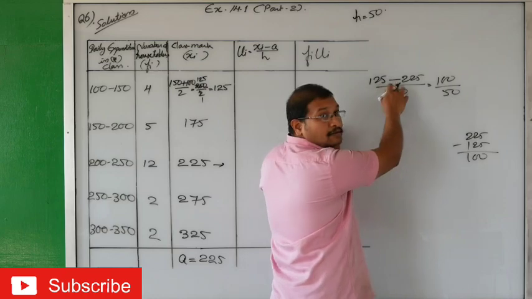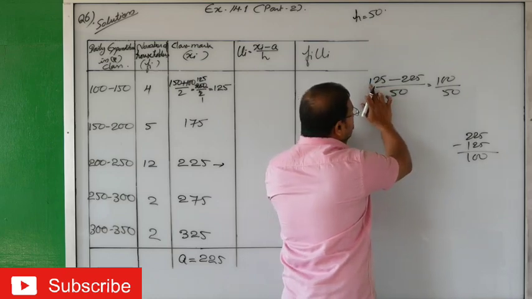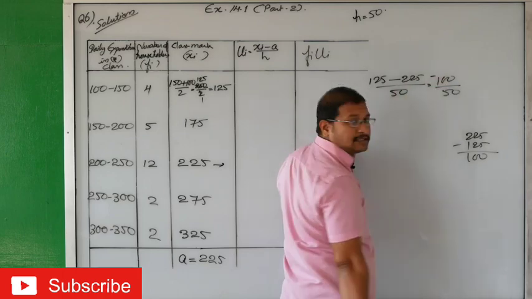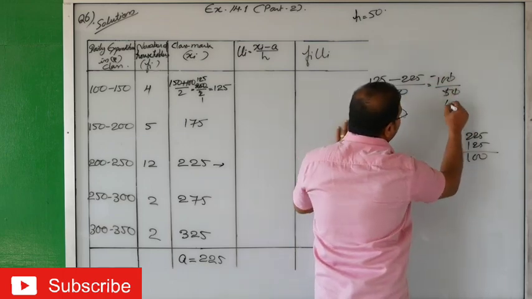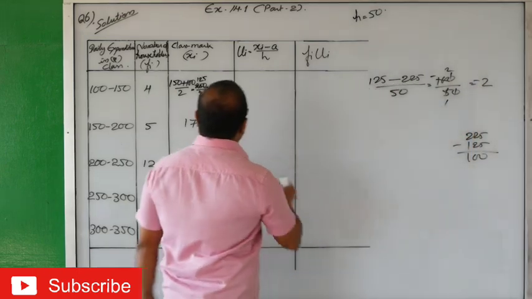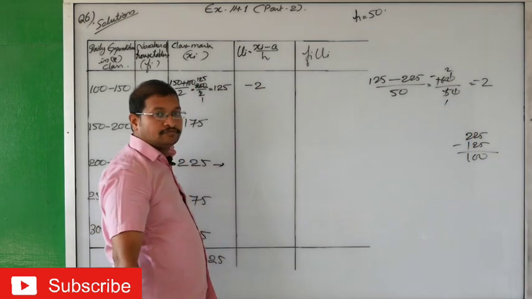But we know that the bigger number is being subtracted, so the answer is minus. So zeros will cancel, 5 ones are 5, 5 twos are 10. So the answer is minus 2.